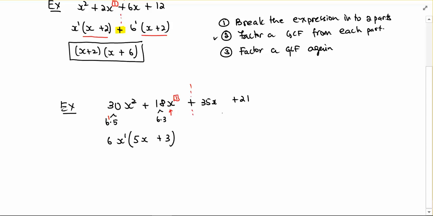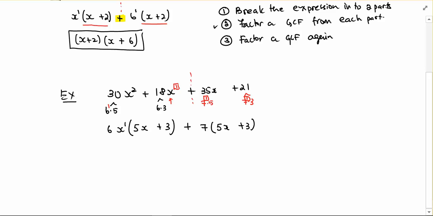And over here, we can sort of do the same thing. Let's see here. 35 I can think of as 7 times 5. This I can think of as 7 times 3. And so the greatest thing they have in common number-wise is 7 to the first. So I can take out a 7. That leaves me with a 5x plus 3. And don't forget the sign in the middle.